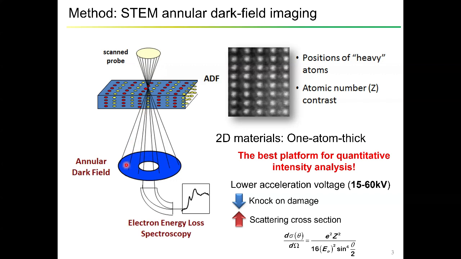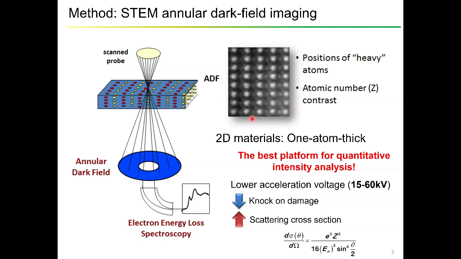Because we are using the annular dark field imaging and using the incoherent elastic scattering electrons. So for a single image, each pixel has physical meaning. That is, it stands for the atomic number of the scattering atomic columns here.